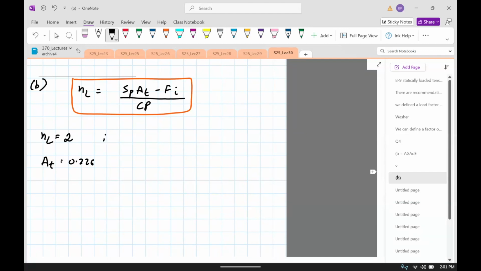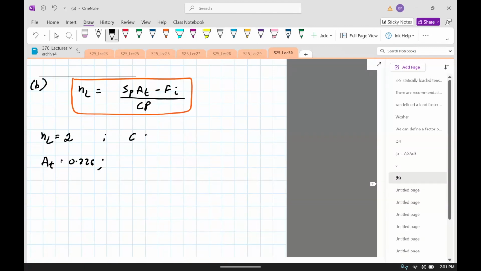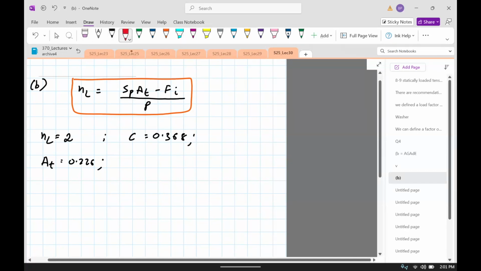We computed C. It was 0.368. Okay, so C is known, AT is known, NL is known.